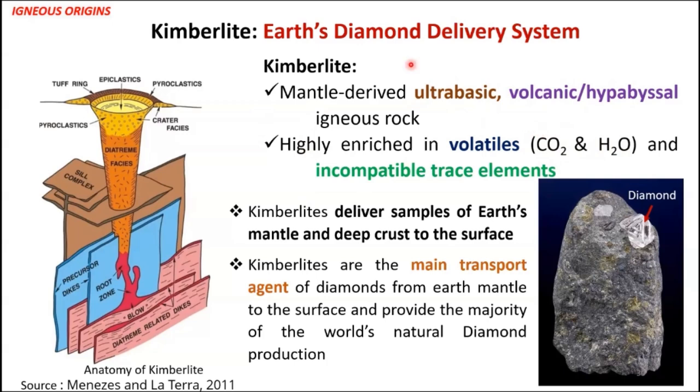Usually ultrabasic magma, I hope you may have heard of komatiite, has a very high density, so it is very difficult for this dense magma to reach the Earth's surface. But kimberlite, due to availability of these volatiles affecting its density, can reach up to the Earth's surface level.